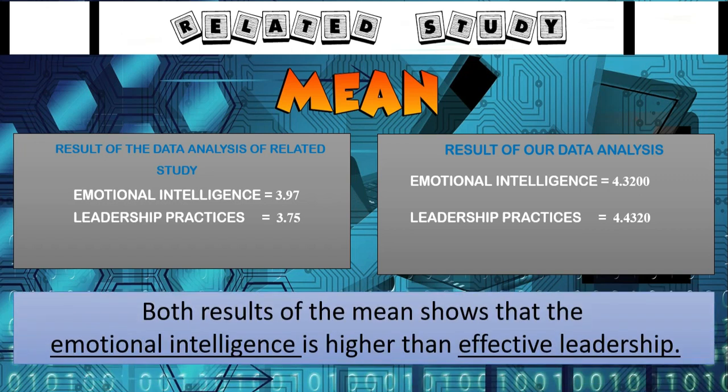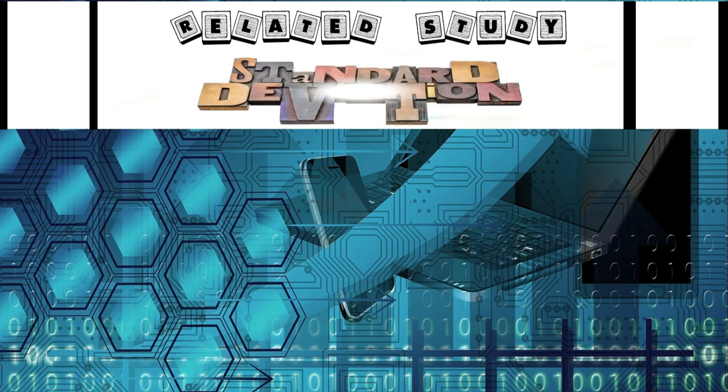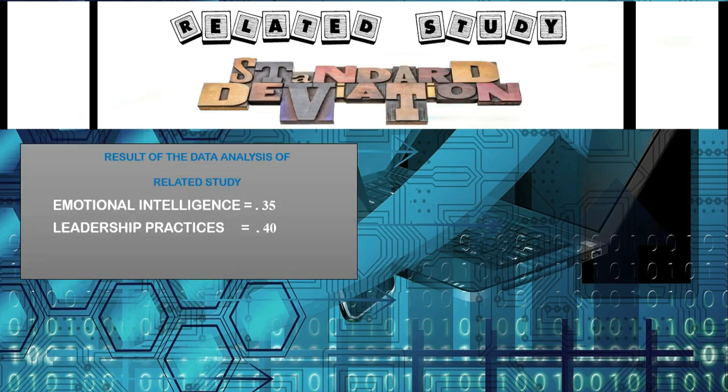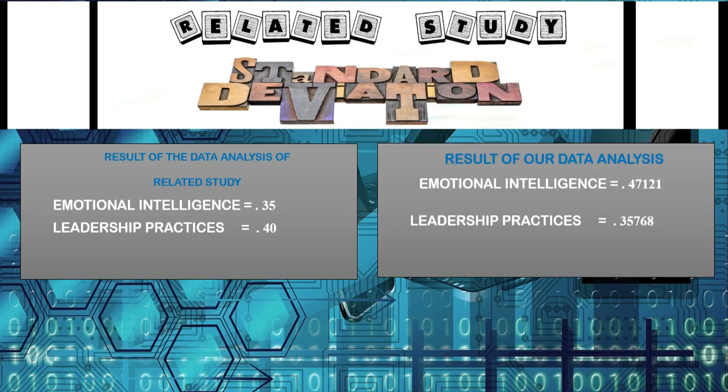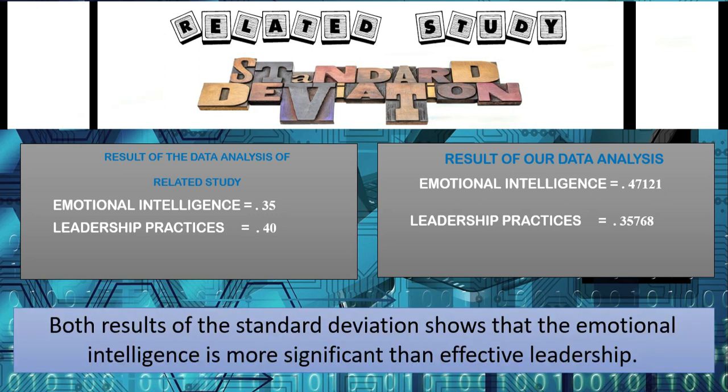In the next slide, for the standard deviation, emotional intelligence has a standard deviation of 0.35 and effective leadership 0.40. For our study, emotional intelligence and effective leadership have standard deviations of 0.47121 and 0.35768, respectively, indicating that emotional intelligence is more important than effective leadership. And we give the floor to Mr. Manuel.